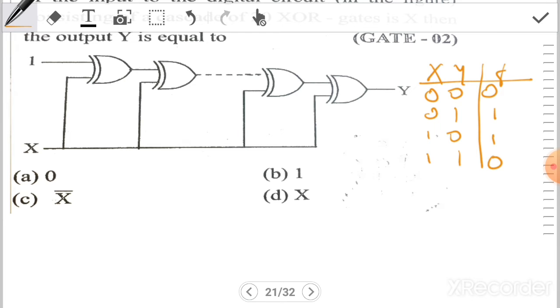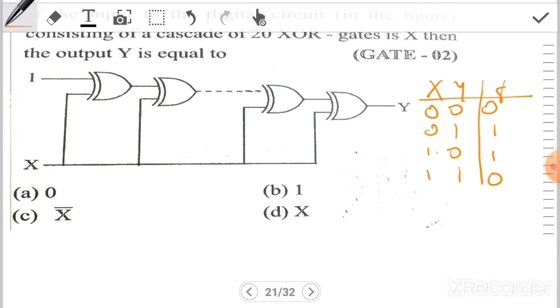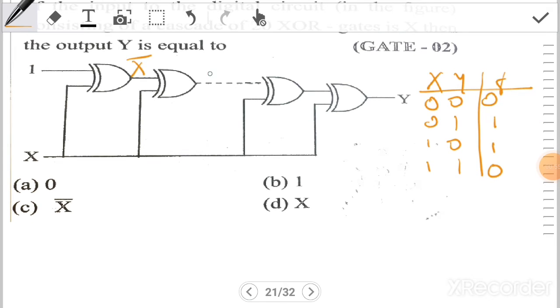Output will be x complement, and again for this XOR gate we have x complement and x as input, so output will be 1.